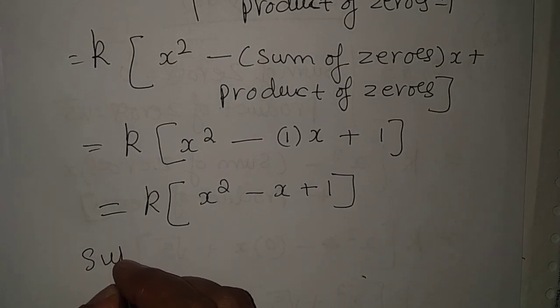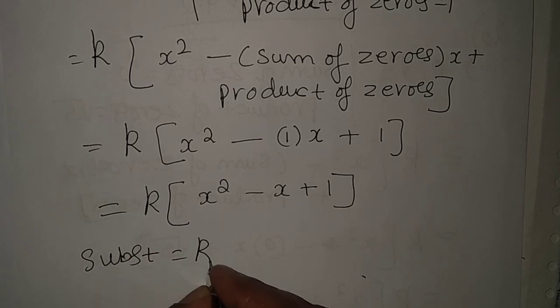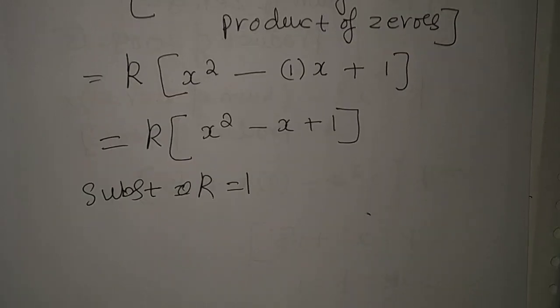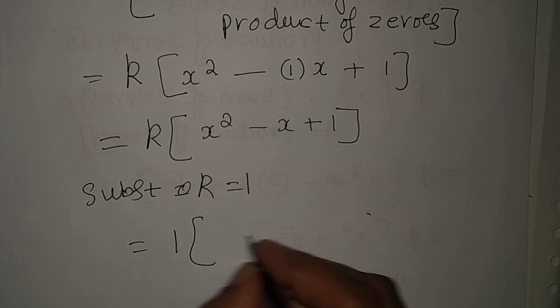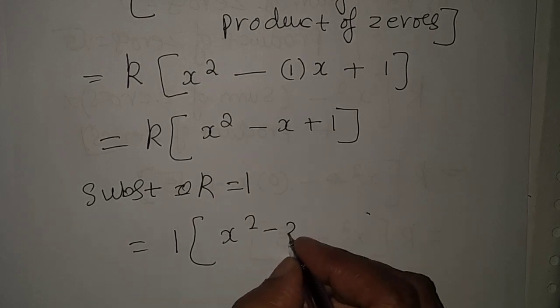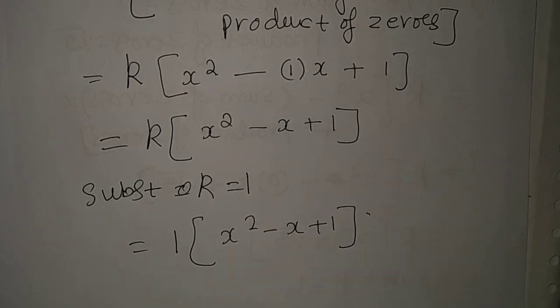Then substitute the constant k equal to 1, so 1 into (x square minus x plus 1).